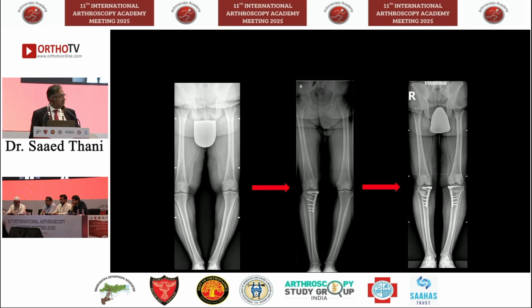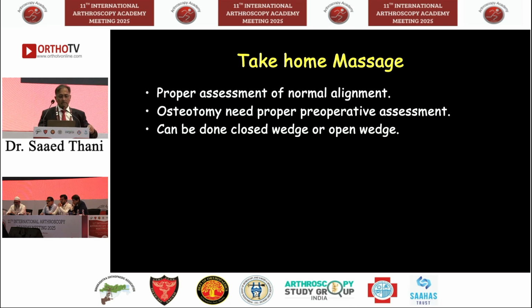If you use a good fixation method, you can achieve it. But you have to plan your procedure properly. So take-home message: proper assessment of the normal alignment. Osteotomy needs proper preoperative assessment, and it can be done with a closed wedge or open wedge.